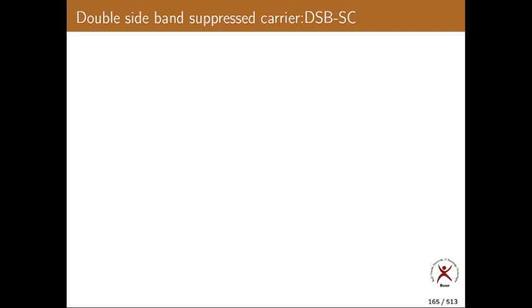To get better power efficiency. In the previous AM, you just remove the c of t term, the pure carrier, and you get another modulation scheme known as double sideband suppressed carrier. So simply you call it DSB-SC. It is one more type of modulation technique.